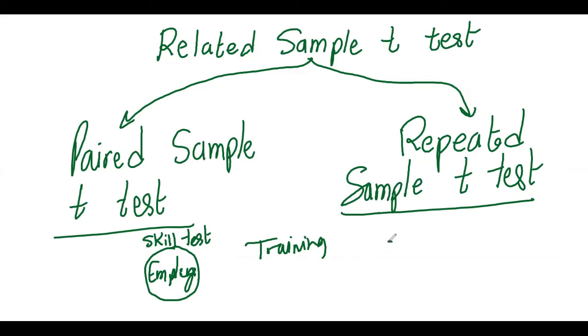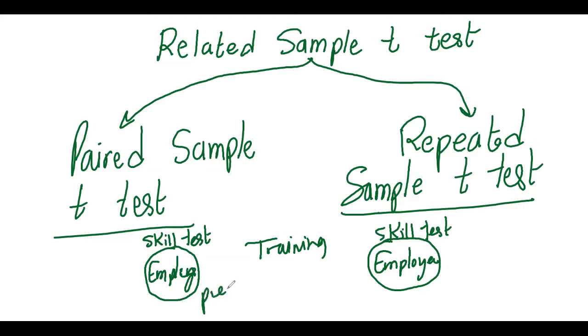After providing the training, you take another test. So you are taking the skill test again. This sample is known as pre-sample, and this is known as post-sample. Pre-sample means before training, and this is after training.